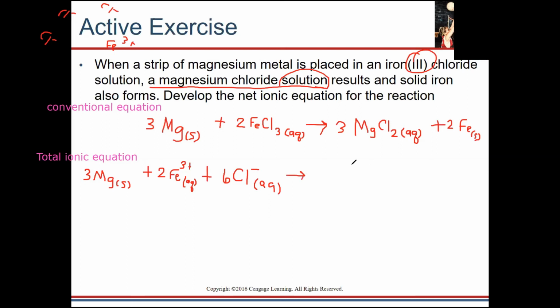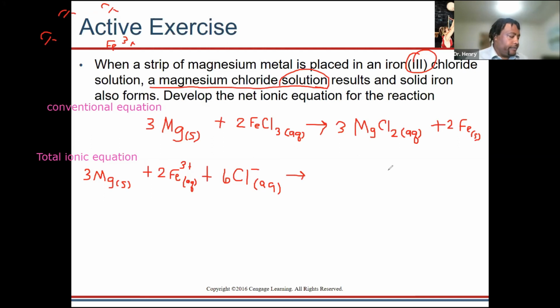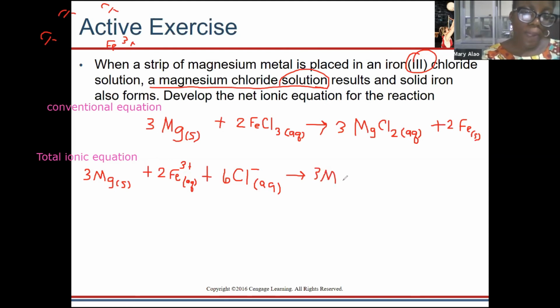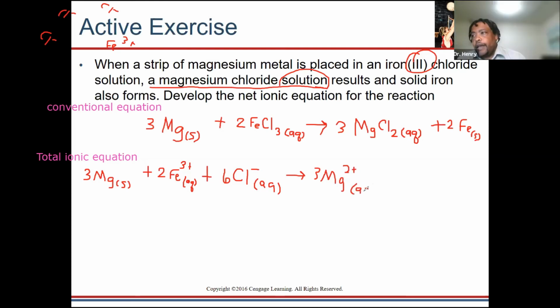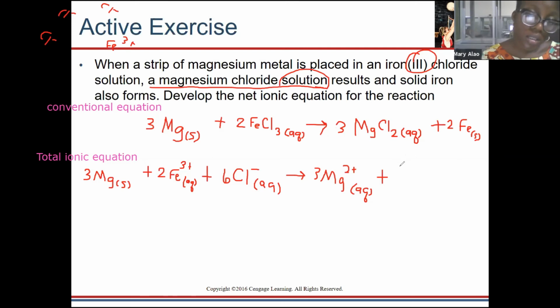Okay, so now what's going to happen here with the magnesium chloride? I guess that's 3 Mg2 plus and 6 Cl minus.